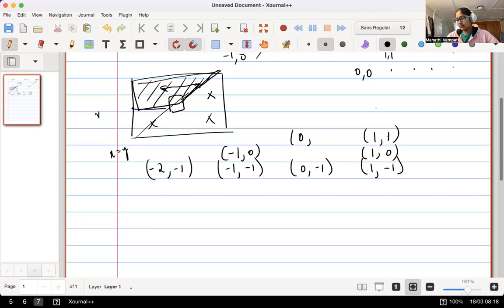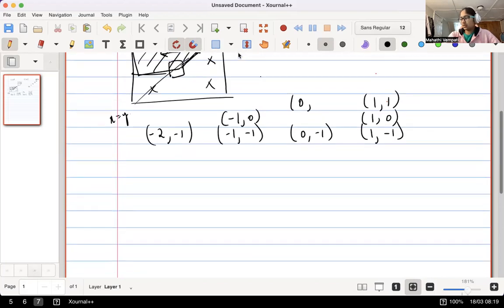This is x less than y, and this part is x greater than y, right? That's how.